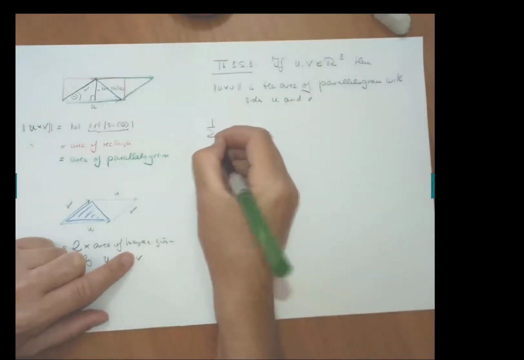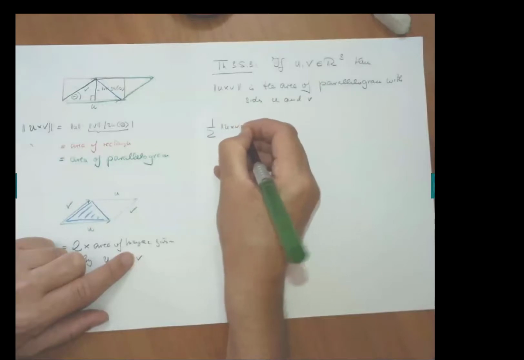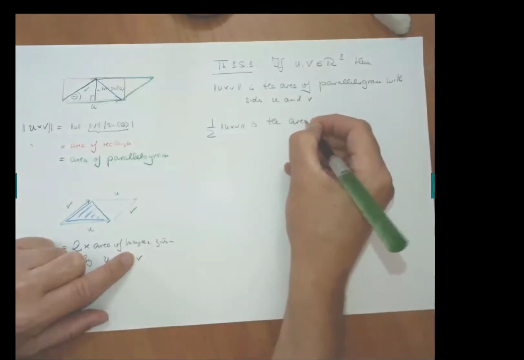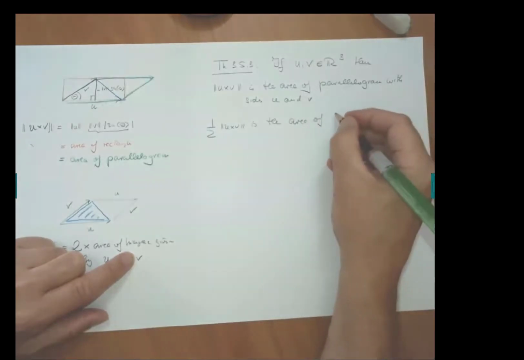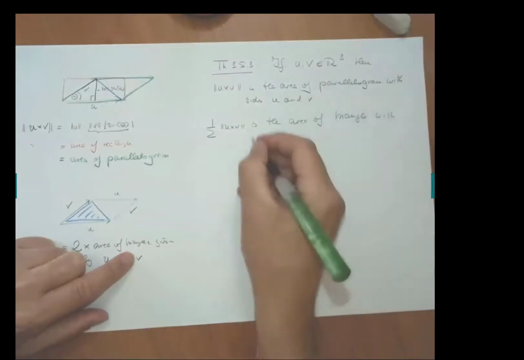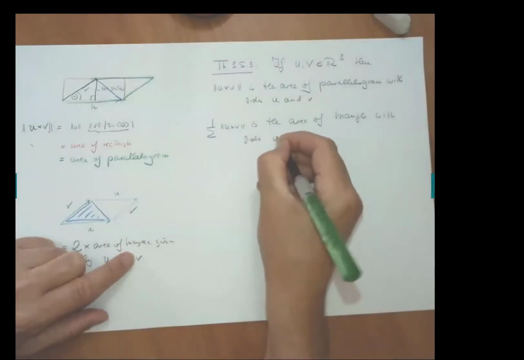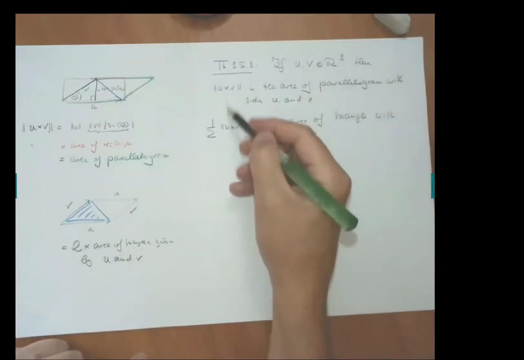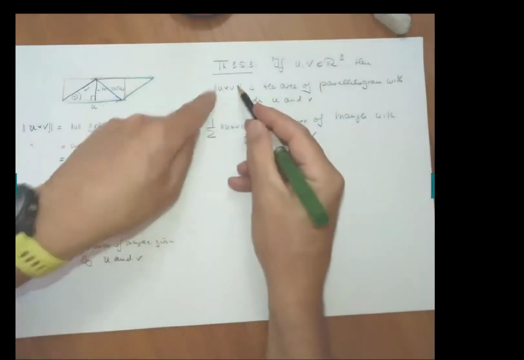That's first. And 1/2 norm u cross v is the area of the triangle with sides u and v. Yeah. So, I mean, this is easy, although the triangle is just 1/2 of the parallelogram.